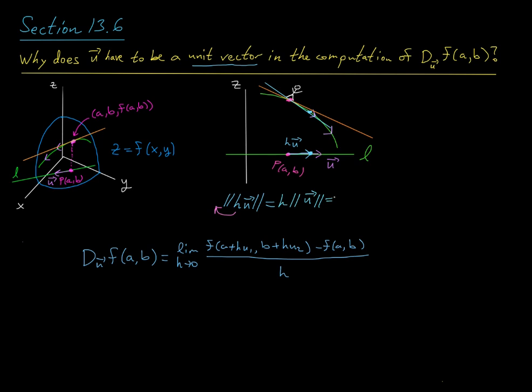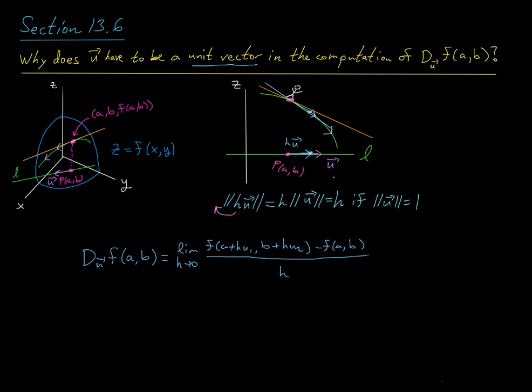And so this will equal simply this scalar here, h itself, if this magnitude is 1. Okay, and that's really what we want, right? Because when we set up this difference quotient, h here, the step size, is playing the role of the run, right? The horizontal change along our line L.